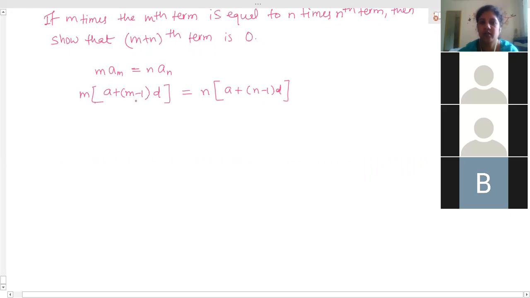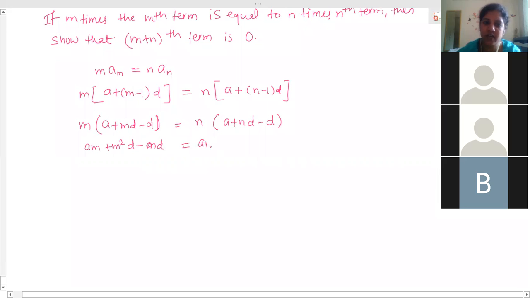Open the bracket: inside we get a plus md minus d. Outside it is m, equal to n into a plus nd minus d. Multiply inside: am plus m square d minus md, equal to an plus n square d minus nd.